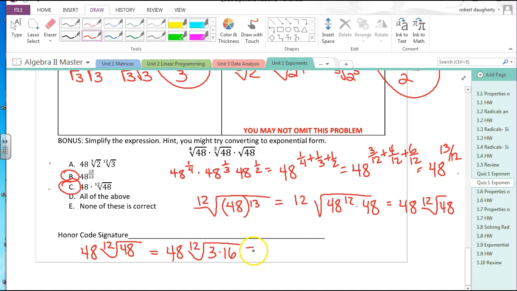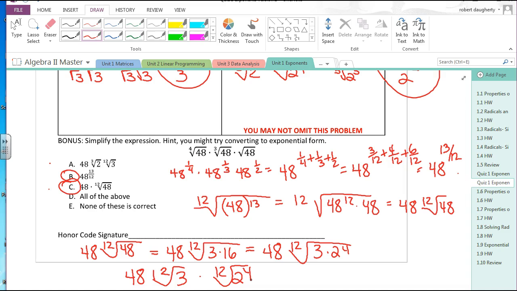So this is 48 times the 12th root of 3 times 2 to the 4th. That is 48 times the 12th root of 3 times the 12th root of 2 to the 4th.